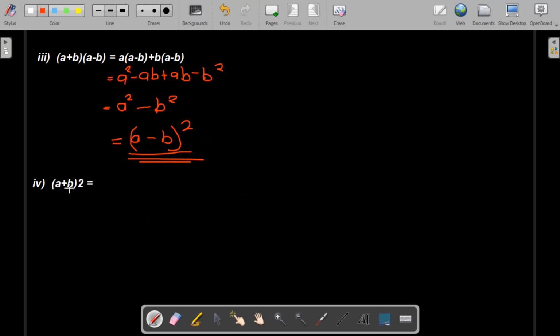We go to number 4. We have got (a + b) squared. What are we supposed to do? We expand it. (a + b) squared is the same as (a + b)(a + b). So it is the same as (a + b) two times, the square here. That's what it means. The same applies to a number squared: it's the same as 2 times 2.